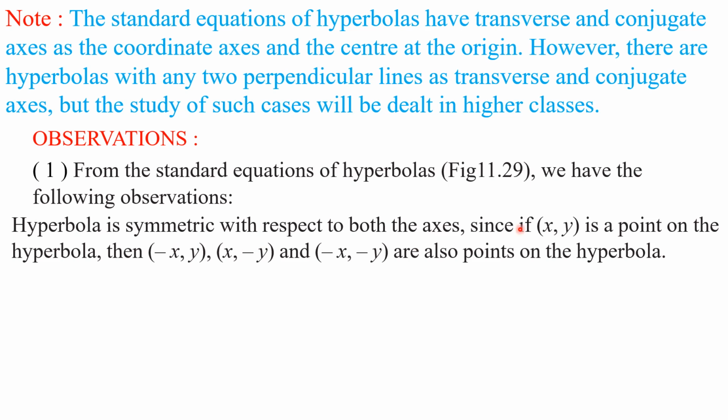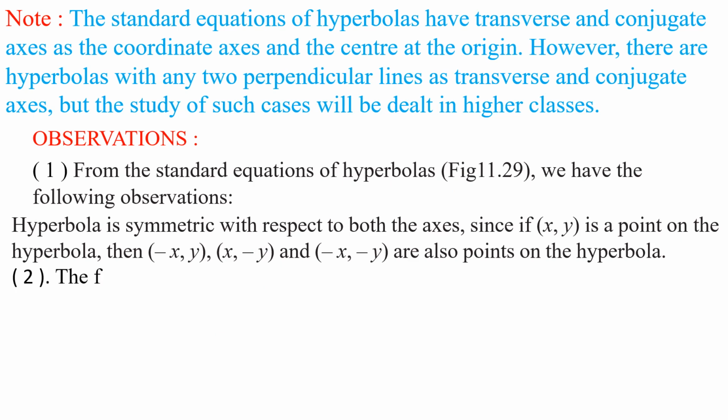Okay, my children, if the point x comma y lies on the hyperbola, then the remaining three points minus x comma y, x comma minus y and minus x comma minus y are also points on the hyperbola. This is the observation we find from the figure 11.29. Okay, my children, understood this first observation? Right.